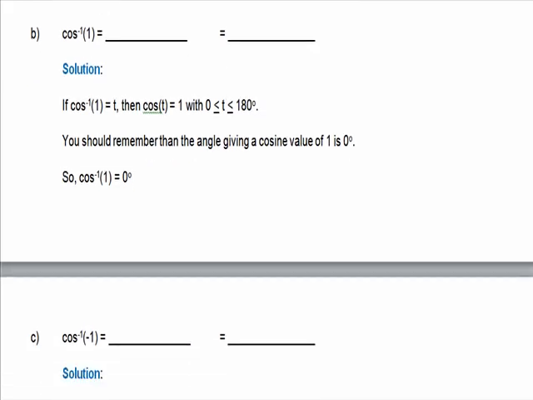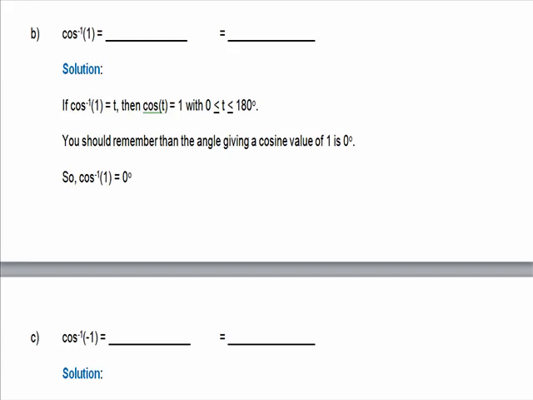Letter B, inverse cosine of 1. Again, remember, it's not 1 degree, this is a value of 1, so what I want to be thinking of is, what angle between 0 and 180 degrees gives me a cosine that's 1? Thinking another way, if inverse cosine of 1 is t, we can reverse the notation: cosine of t equals 1, and I want to know what angle between 0 and 180 I should put in for t.